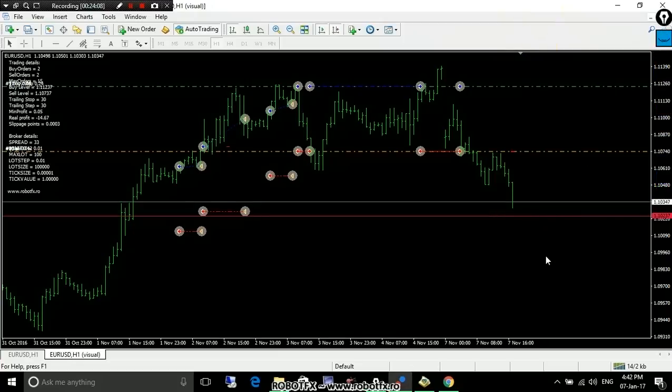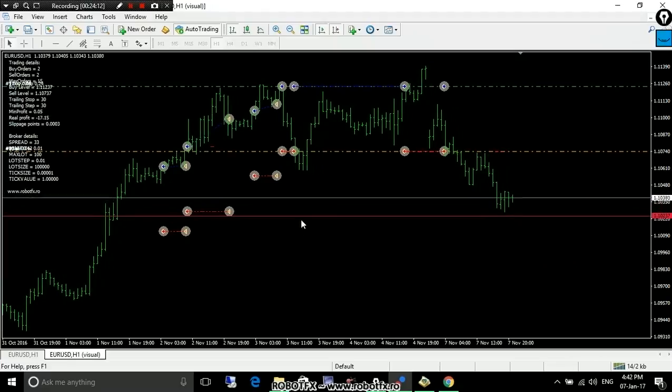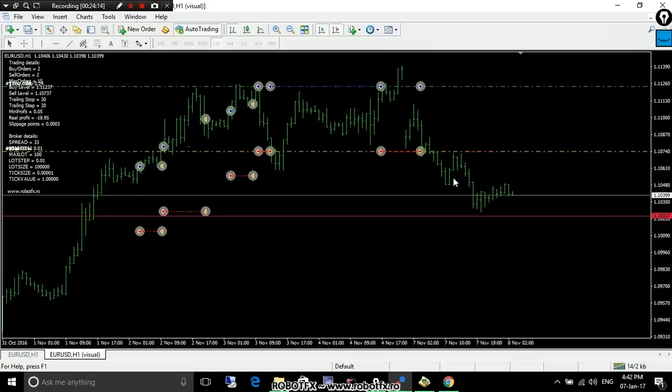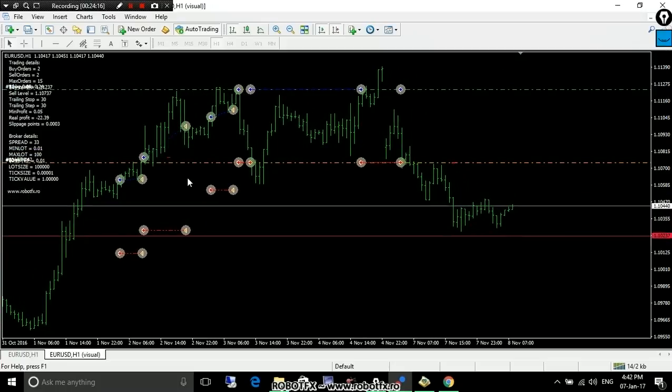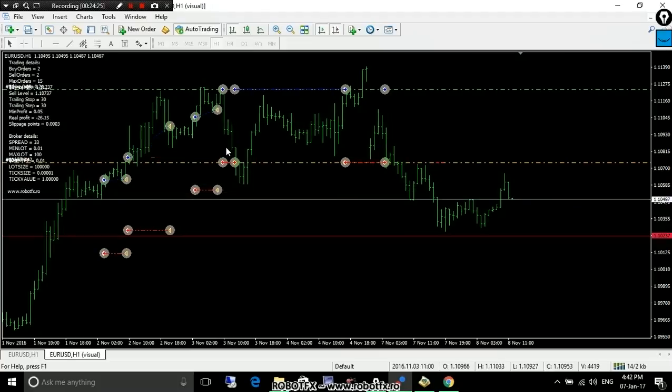Of course, it doesn't happen all the time. Usually the price will continue in either one direction, up or down, and close the basket once the profit will reach the minimum profit. Real profit now is negative, obviously.